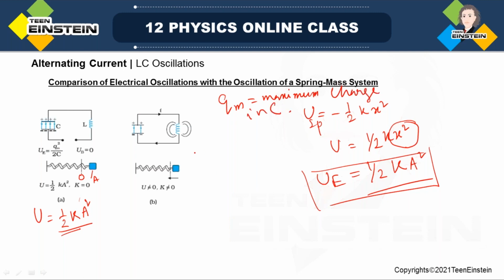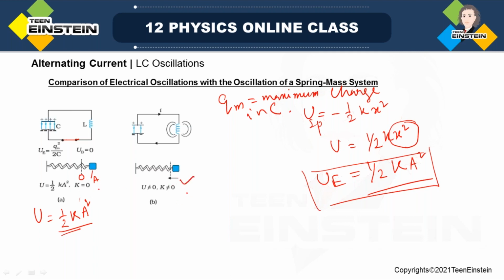This is compared to the stretched condition of the spring block system. Now as you connect or close the circuit, you are just releasing this block from its maximum stretched condition.